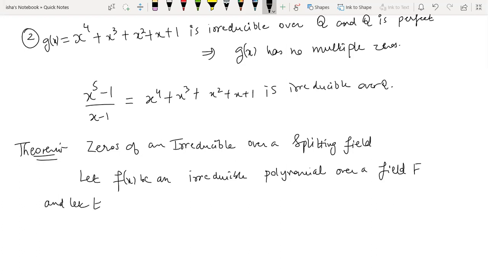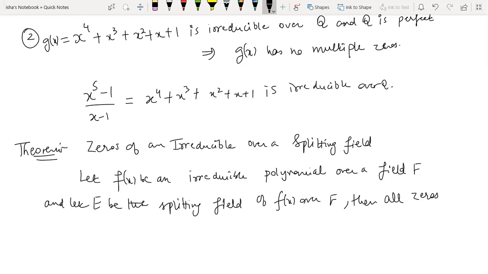And let E be the splitting field of f(x) over F. Then all zeros of f(x) in E have the same multiplicity. Right? So this result is also a very important result.